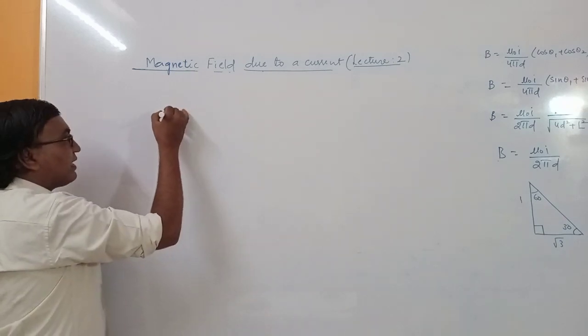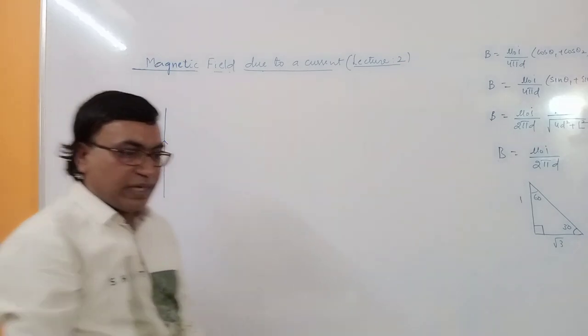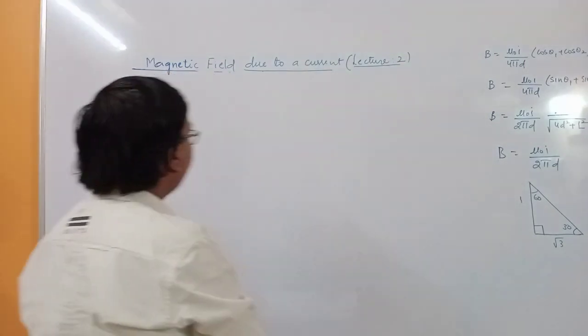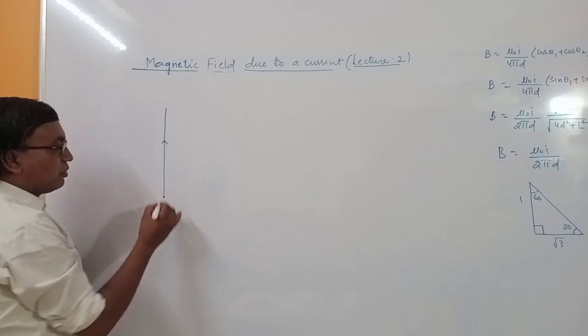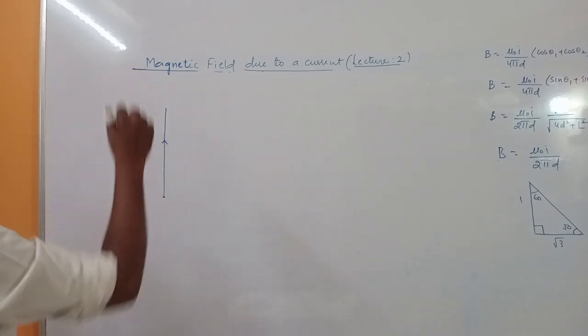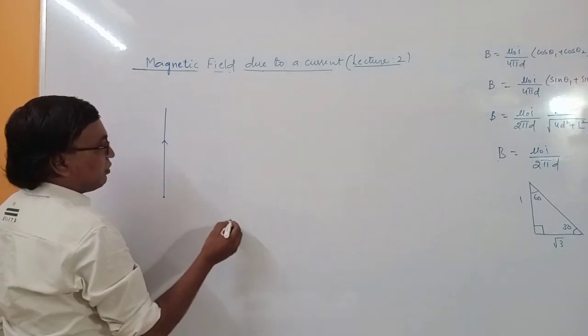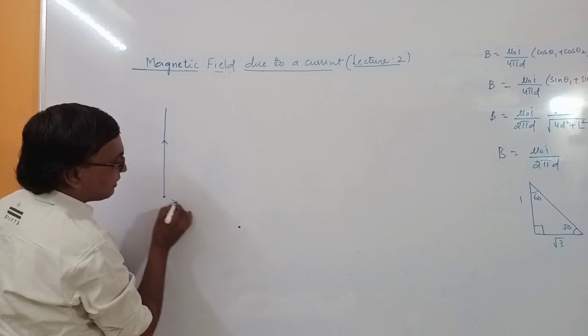So you have a wire, XY wire. You have to find out the magnetic field at some point P here.